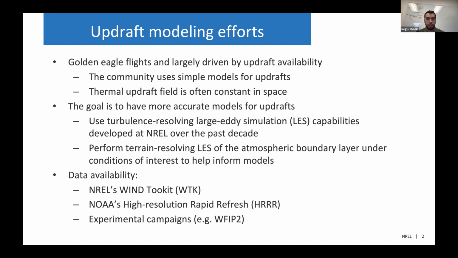These are very expensive simulations that require HPC, contain the terrain, and resolve the turbulence, so we understand better what is going on in the atmosphere and can inform these simpler models. And we leverage all the data available, for example, the wind toolkit that Carolina just talked about, and also NOAA's high resolution rapid refresh data. I'll touch on that a little bit later. On top of that, we also leverage some of the experimental campaigns, of which we have a wealth of data available.